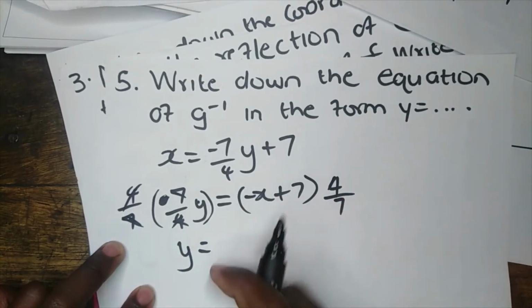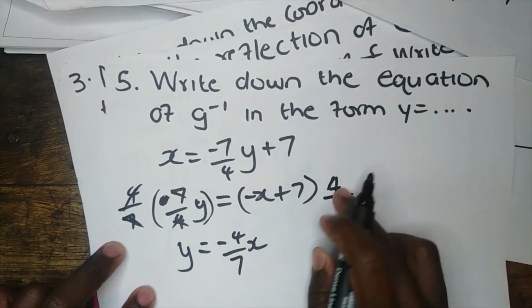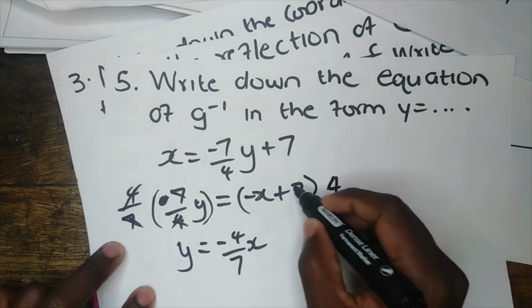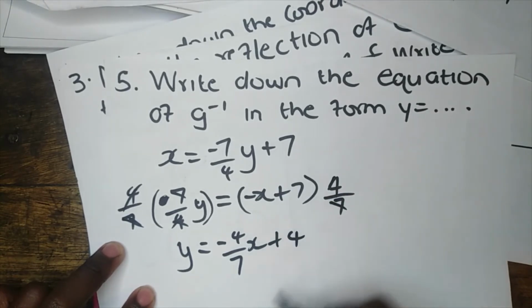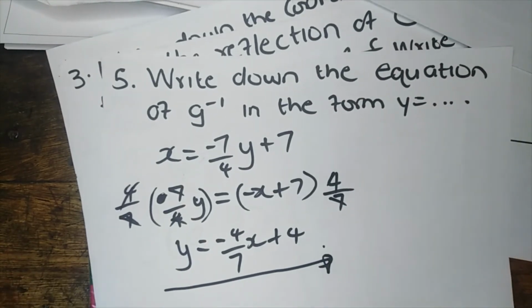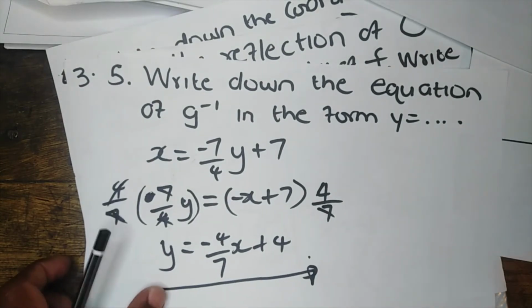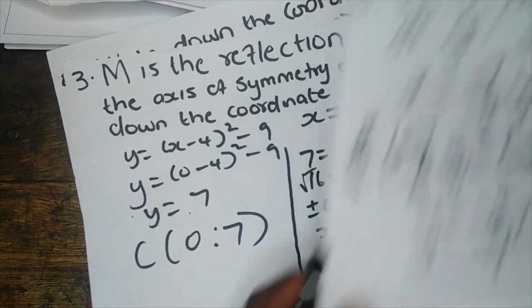So we have negative 4 over 7 x, and 7 cancels with the 4 over 7, leaving 1, and plus 4. So this is the equation they are looking for: y equals negative 4 over 7 x plus 4, right? So start here, guys, on number 5. Then number 6.